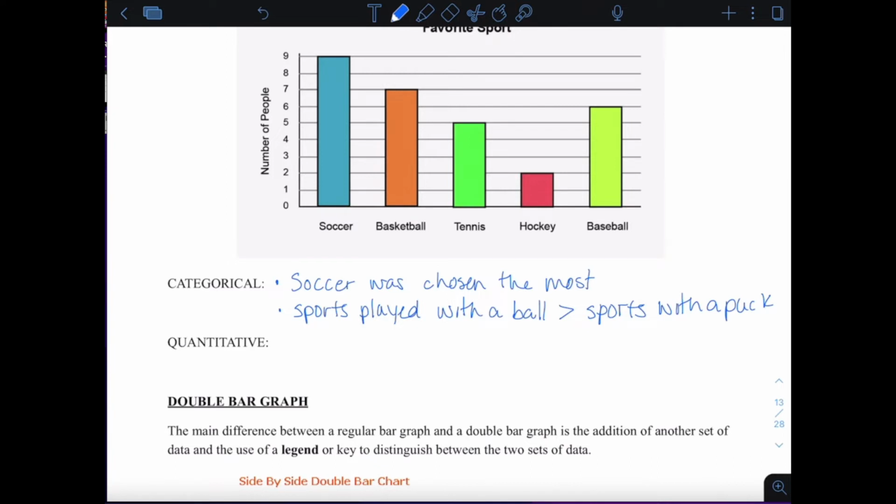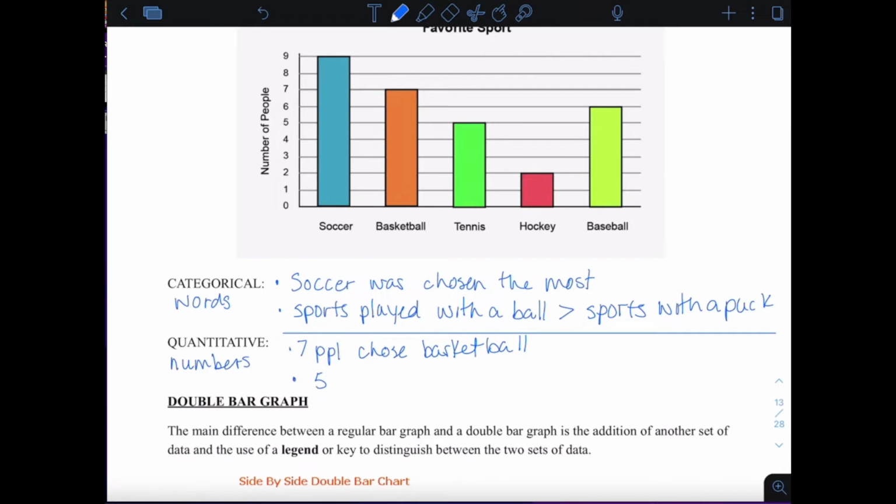Okay, so where categorical data would concentrate on words, quantitative would concentrate on numbers. If I wanted to look at this, we could say something like 7 people chose basketball. We could say that 5 sports were surveyed.